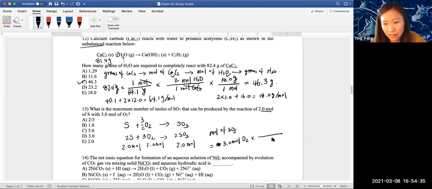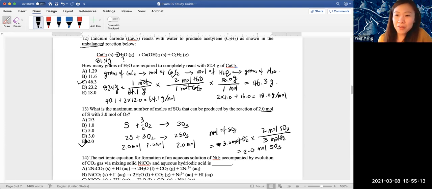Dimensional analysis, we need to cancel out oxygen, so I put this in the denominator, and mole of the product, SO3. Then we find their ratio from the coefficients. 3 oxygen will react with 2 SO3, right? And so now this would cancel out, and you do the calculation, and you will end up again with 2.0 mole of SO3. So the correct answer is E.